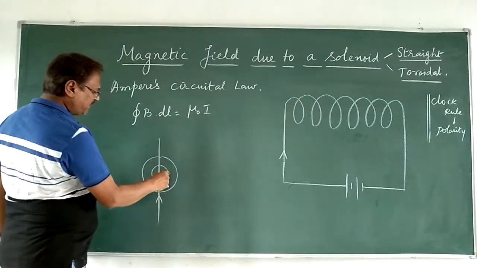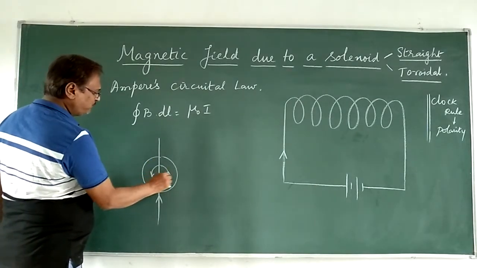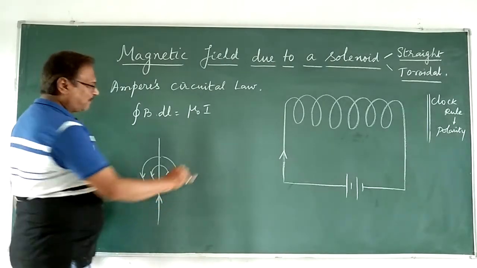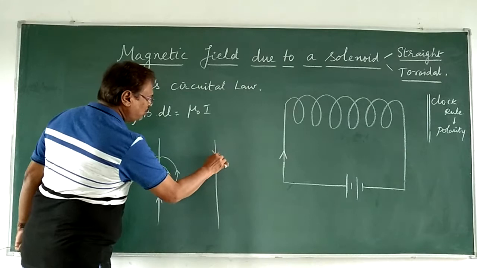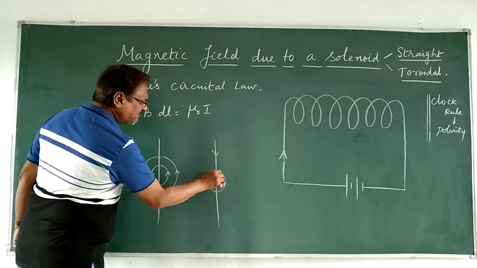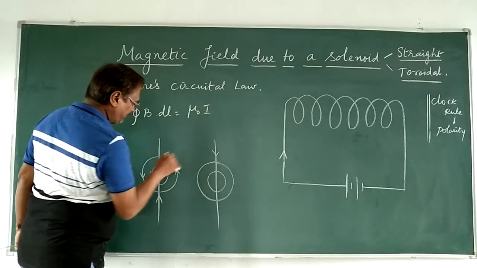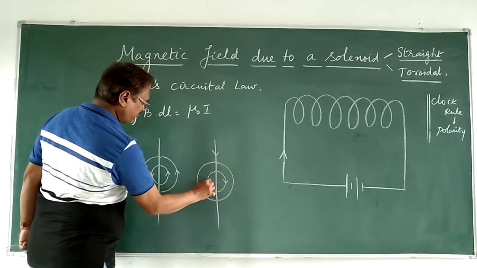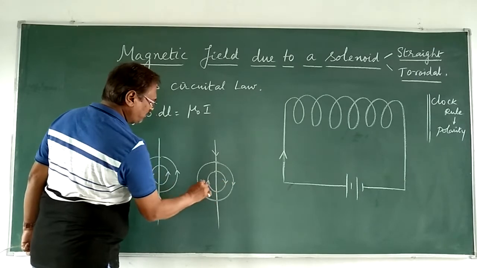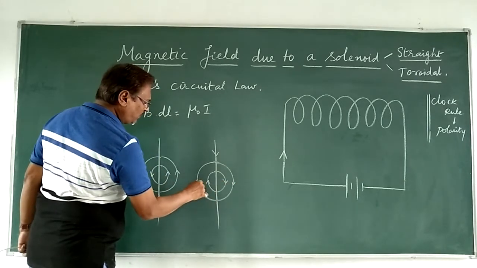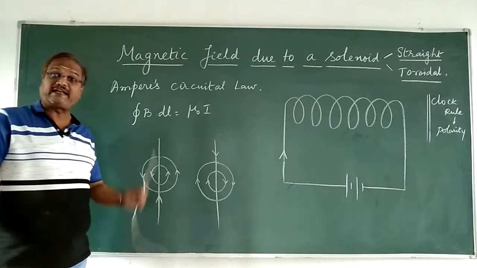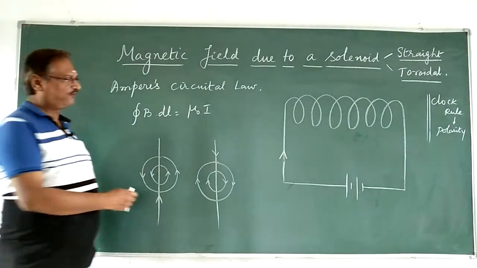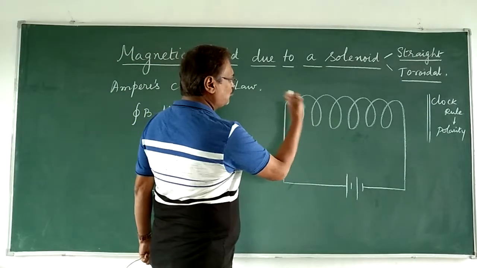Now it is going in this direction, so the magnetic field will be in anti-clockwise direction. Suppose current is coming from top to bottom, again the same concentric circles will be there, but the direction is now clockwise. The direction is going to change. This is what we call the right hand thumb rule.